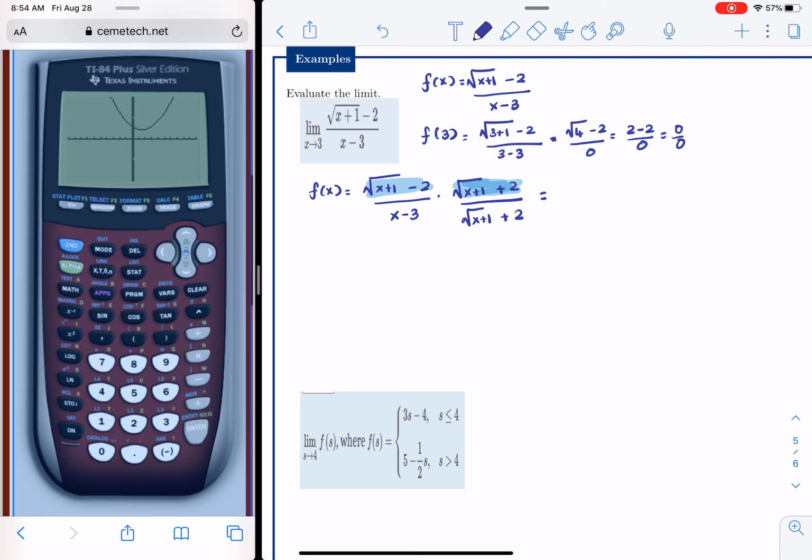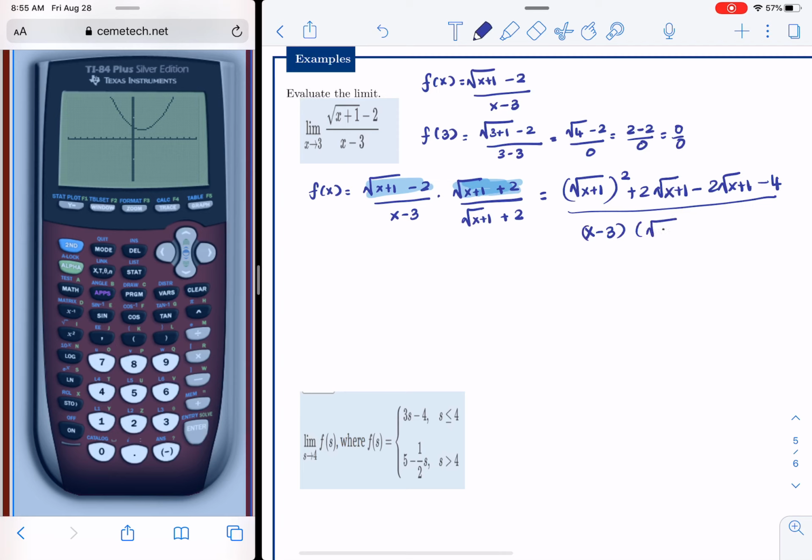I will have square root of x plus 1 squared plus 2 square root of x plus 1 minus 2 square root of x plus 1 minus 4, divided by x minus 3 times square root of x plus 1 plus 2, which would give us x plus 1, these two would go away, minus 4 over x minus 3 times square root of x plus 1 plus 2, which is simply x minus 3 over x minus 3 times square root of x plus 1 plus 2.